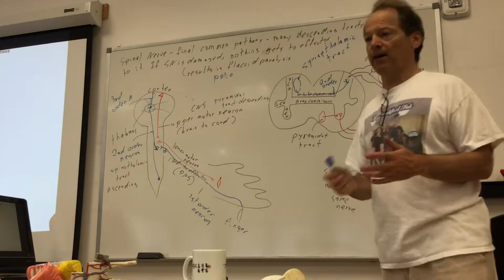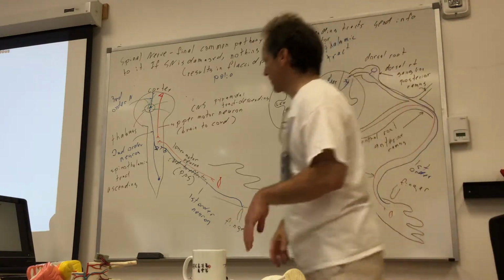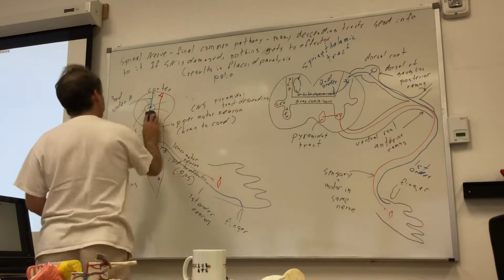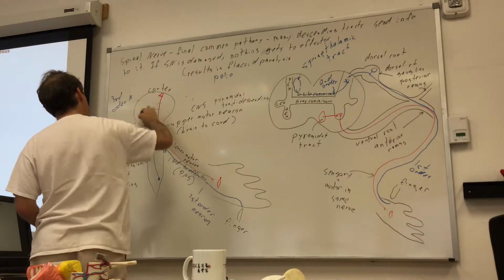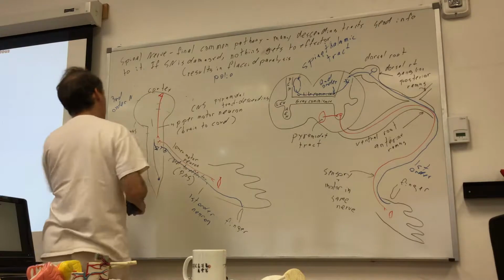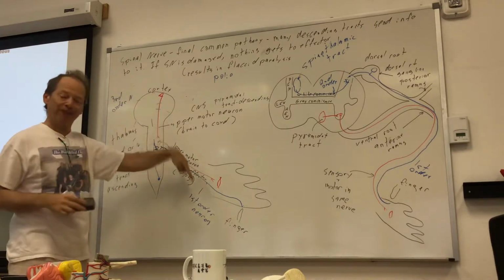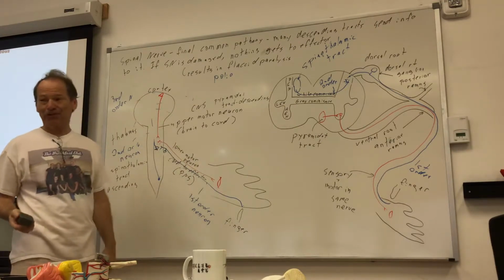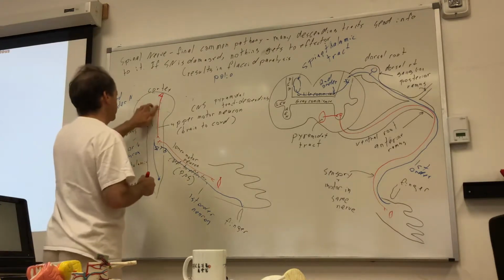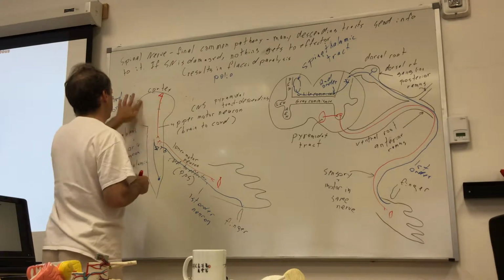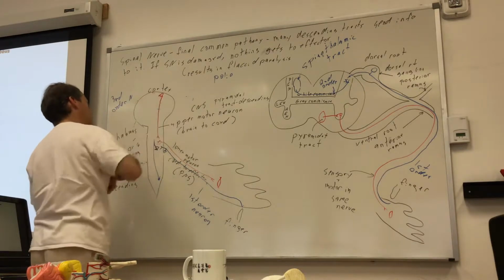But there are many other motor pathways in the central nervous system. So just to mess around with this picture a little bit, truth is, right now, you are using your pyramidal tracts to write with, but you're not using your pyramidal tracts to sit with. That's coming from a different part of the brain. So you have other brain motor centers which are not in the cortex.